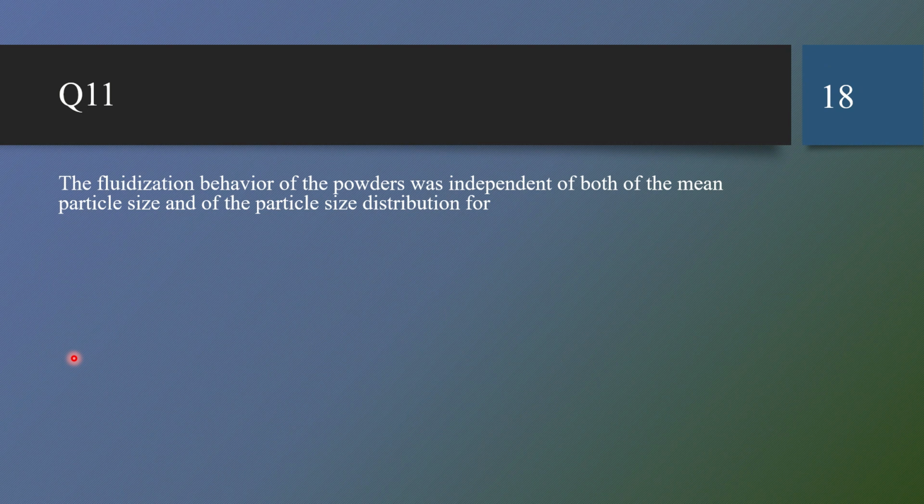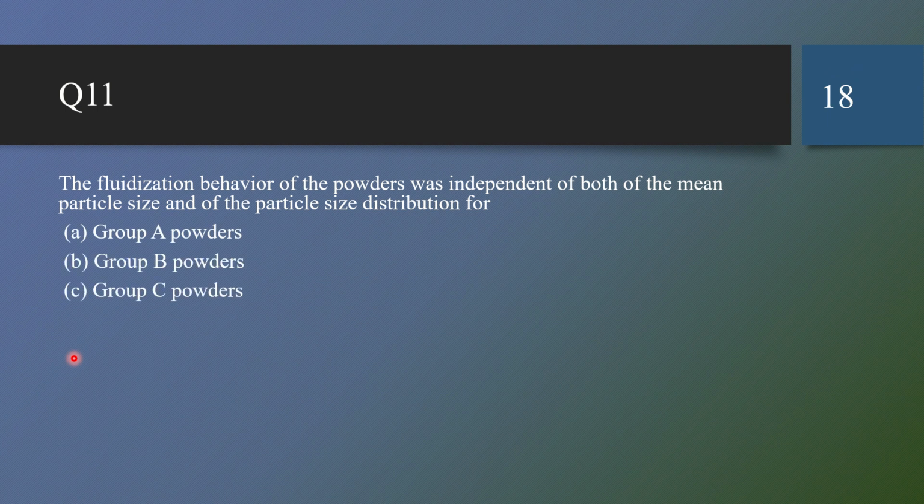The fluidization behavior of the powders was independent of both the mean particle size and of particle size distribution for: option A, group A powders; option B, group B powders; option C, group C powders; option D, all the above.